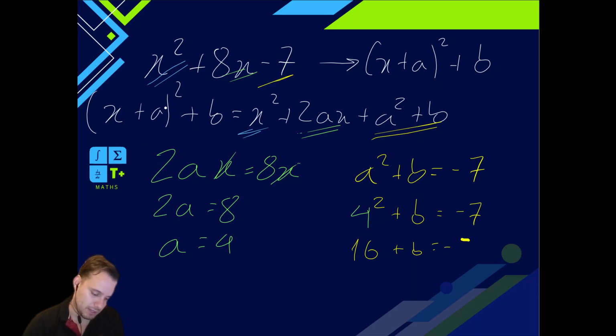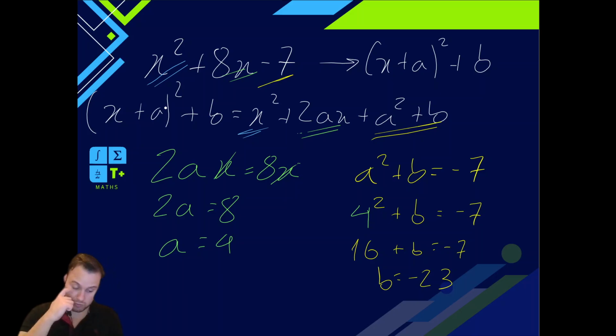And thus, we can get that b is negative 7 minus 16. We're subtracting 16. It's going to be negative 23. So we have found that a is 4 and b is negative 23. So what is it that we can say from here?